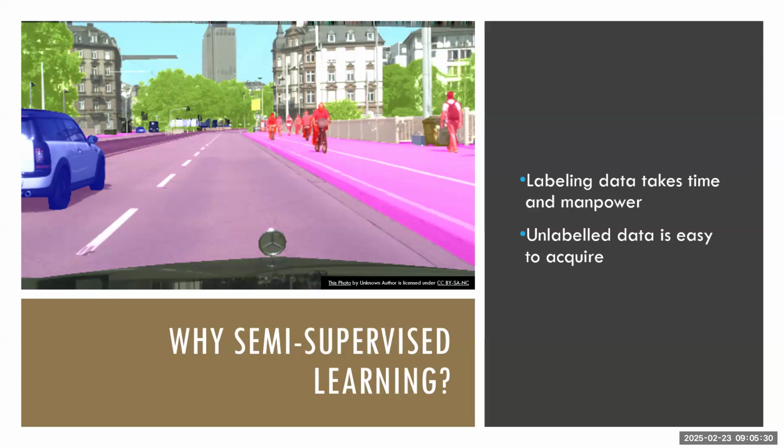And if you have something like autonomous driving, with an image like this, not only do you have to label, you have to actually mark the pixels, whether it's a road, a car, a pedestrian, a tree or a building, right? So for one snapshot, you will need to do all of this.